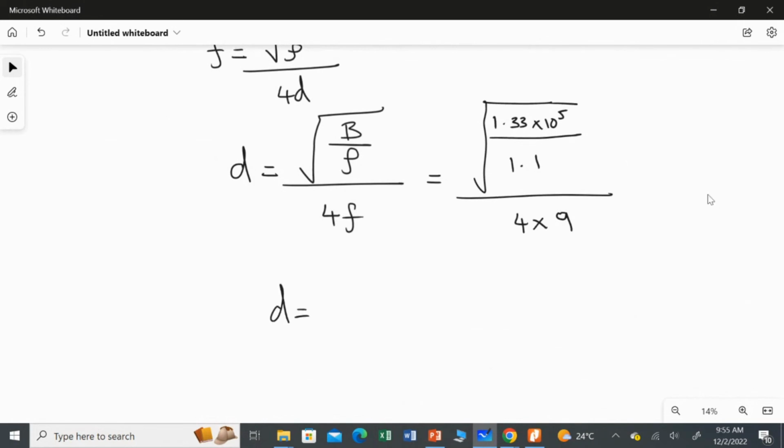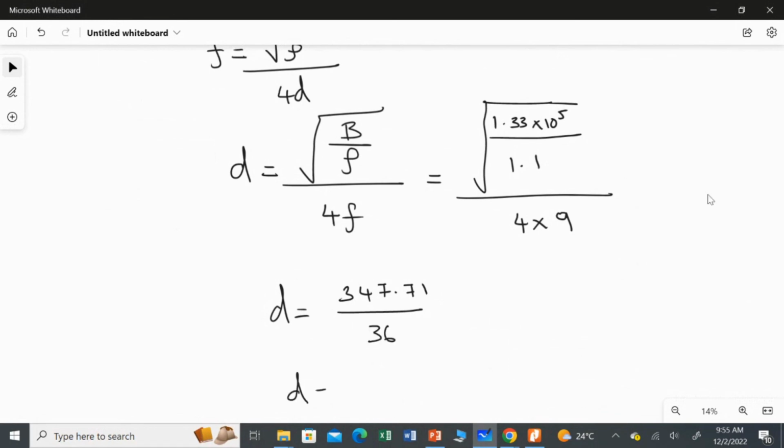First of all, I'm going to find the numerator. The value in the numerator is the square root of 1.33 multiplied by 10 power 5 over 1.1. I got 347.71, over 4 multiplied by 9, which is nothing but 36.